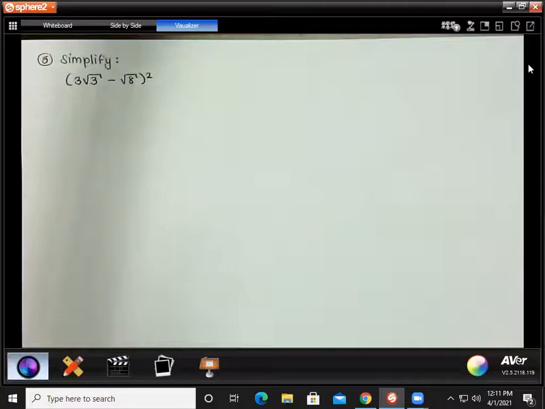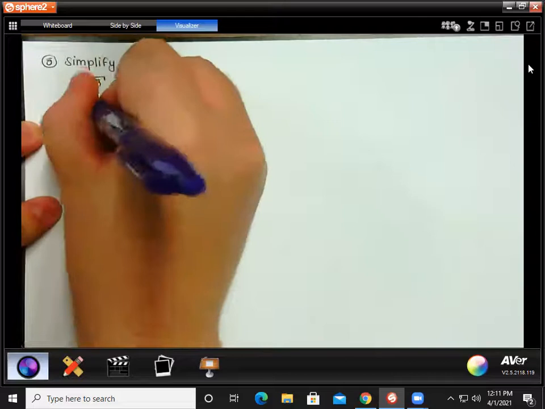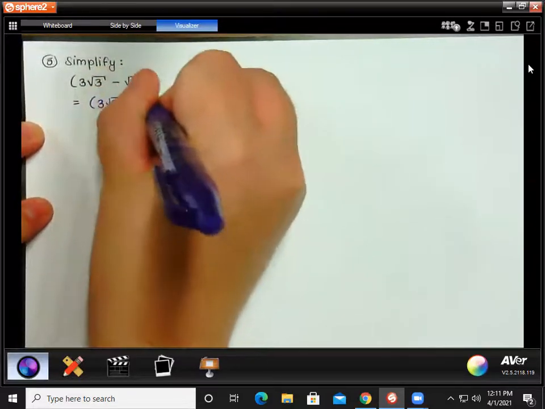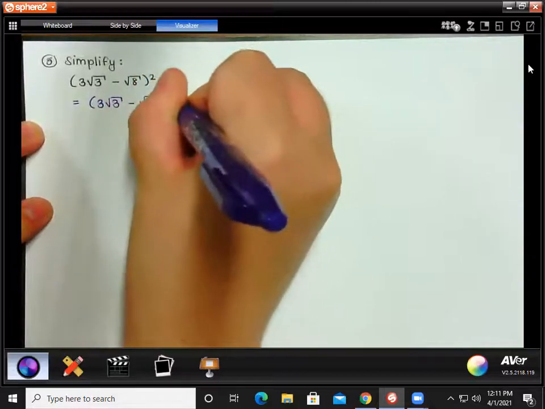So guys, remember a bracket squared is not just the first term squared and the last term squared. We discussed that the other day. You get 0 if you do that straight away. There is a shortcut that you can use, or you have to rewrite this as 3 root 3 minus root 8 multiplied by itself.